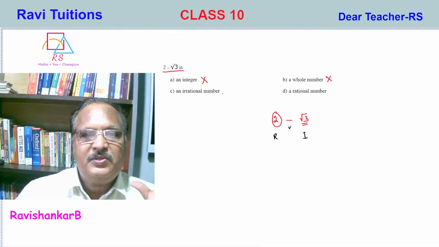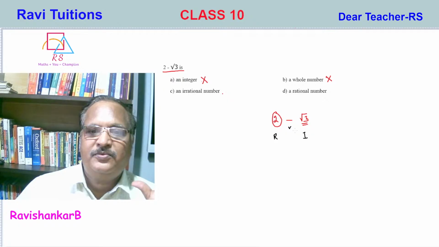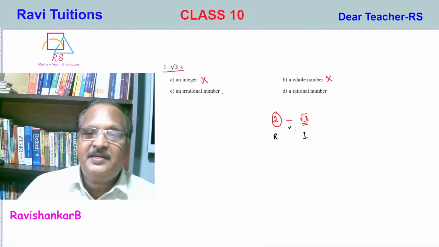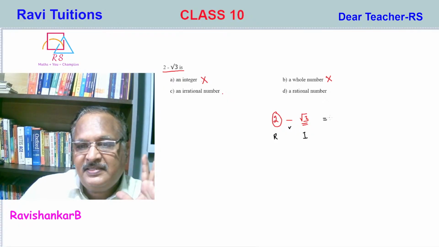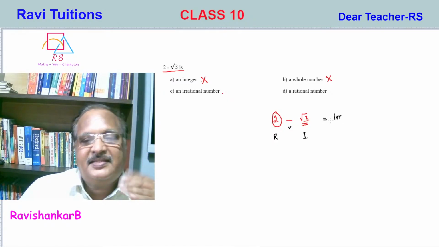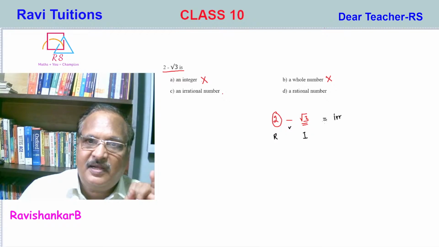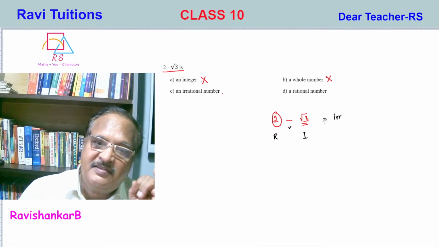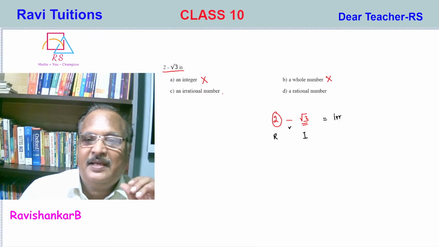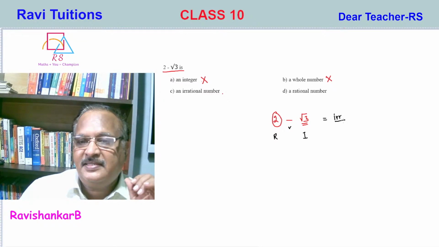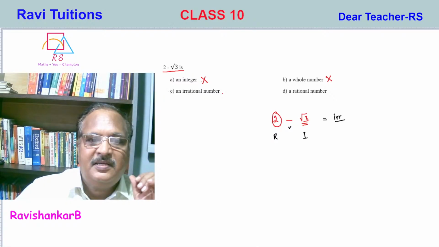So the difference or sum of a rational number and an irrational number is always an irrational number. The sum of rational and irrational, difference of rational and irrational, always, not sometimes. So here in this case, the answer is an irrational number.